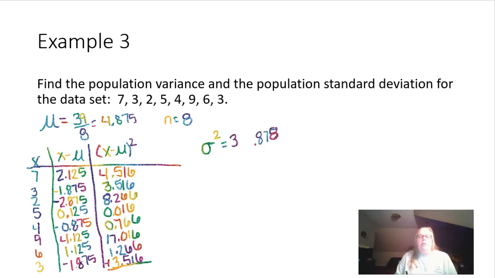Alright, and you can see my total here, 38.878. We're supposed to divide this by n, which we said was 8. This is going to give me 4.860 for our variance, and then for our standard deviation, we are going to square root that number.